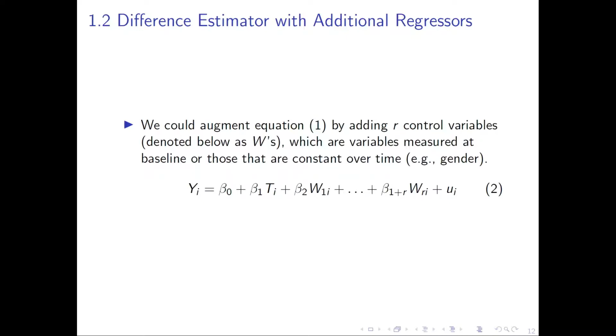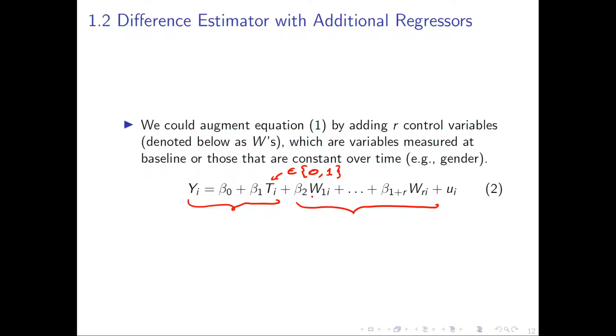We could augment equation 1, which is this part of the equation, by adding control variables. Remember that this t is either 0 if individual i did not receive treatment, and equal to 1 if individual i received treatment.